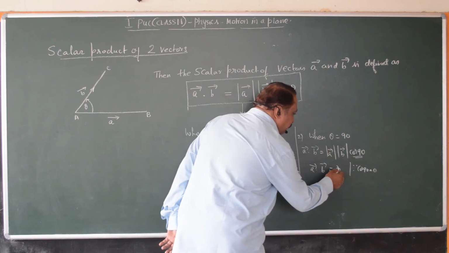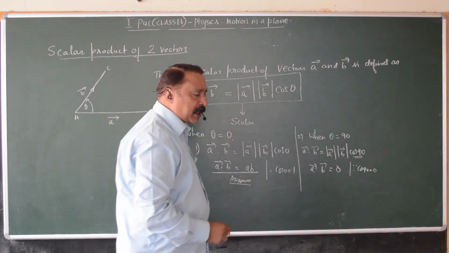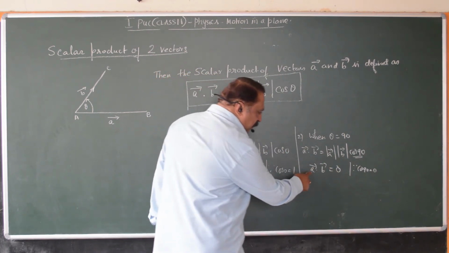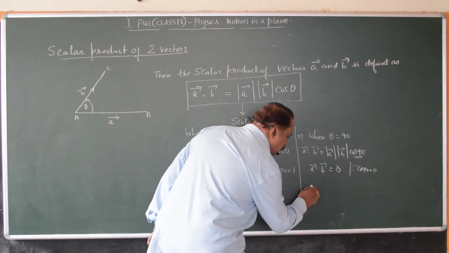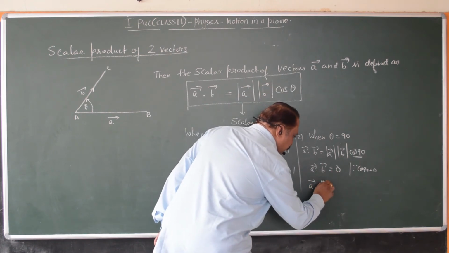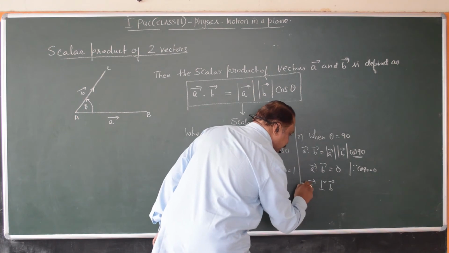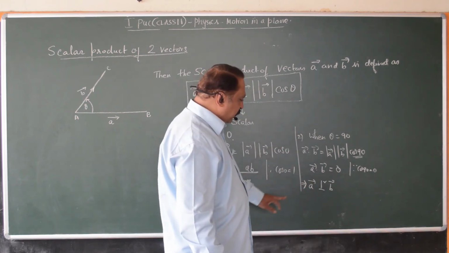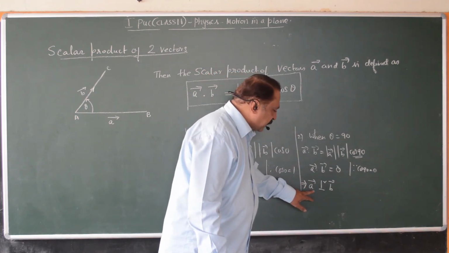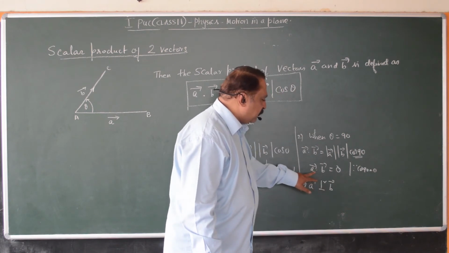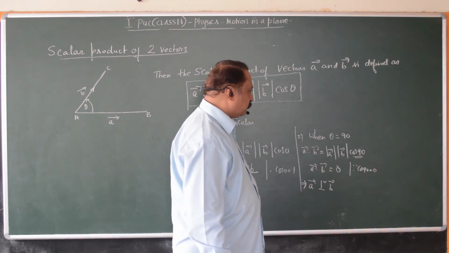So we can also talk about the converse of this. If the dot product of two vectors is 0, then the two vectors are perpendicular to each other. So remember that vector A is perpendicular to vector B when their dot product is 0.